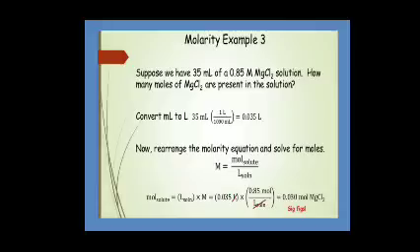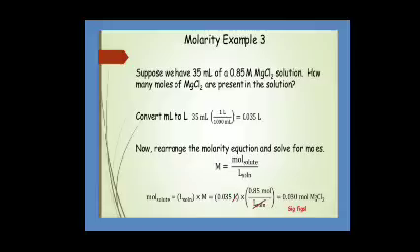Suppose we have 35 ml of 0.85 M magnesium chloride solution. How many moles of magnesium chloride are present in the solution? 35 ml of solution convert to liters: 35 times 1/1000 is 0.035 liters. Therefore, molarity is equal to number of moles divided by volume of solution in liters.